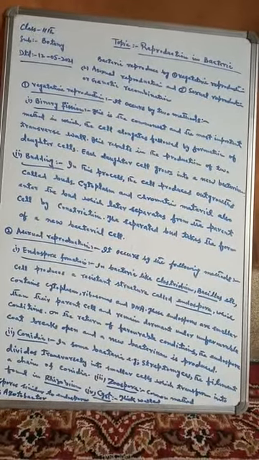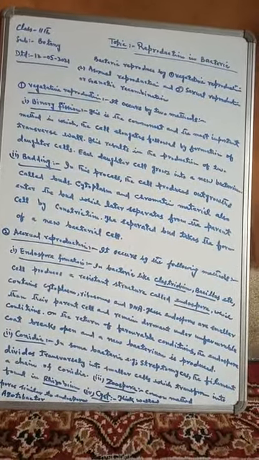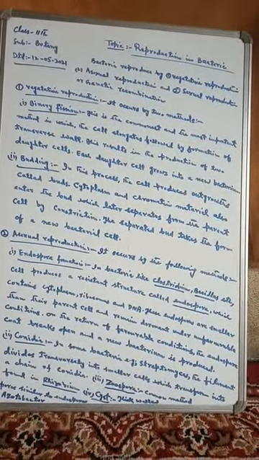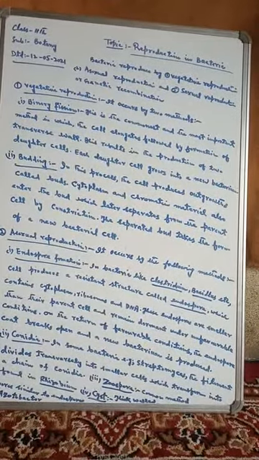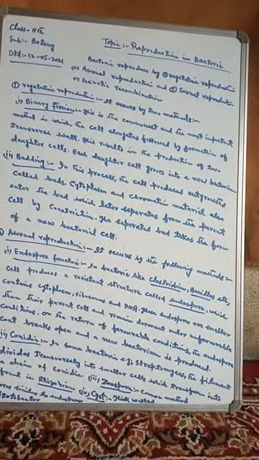In this process, that means in budding, the cell produces outgrowths called buds. So the outgrowths of the cell are formed, which are called buds. Cytoplasm and chromatin material also enter the bud.